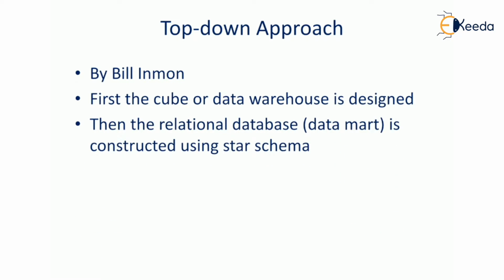So first we have to construct the data warehouse. Then the data marts are created on top of the data warehouse. That means we have to construct the relational database, or different data marts are constructed by using the star schema. Then the cube is deployed.